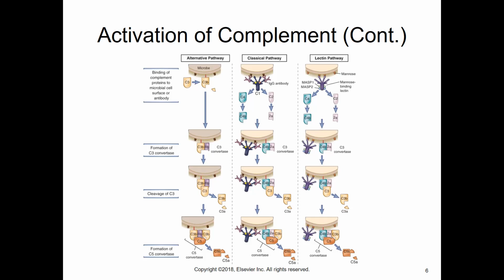Remember your basophils, so let's just say this was pollen with an IgE antibody. Remember, you have the cellular and humoral components. In the cellular part, your basophils would be working, and in the humoral part, here's your complement.